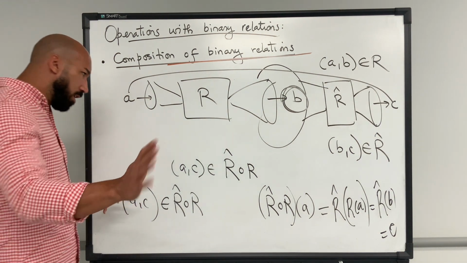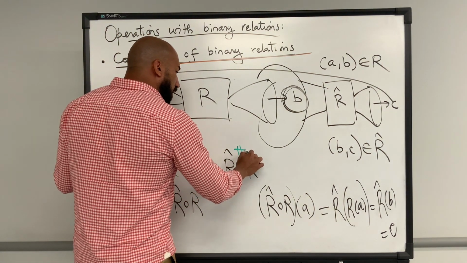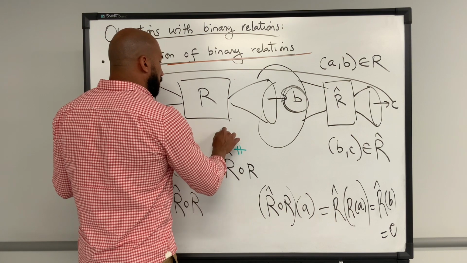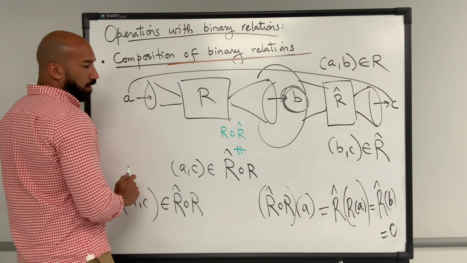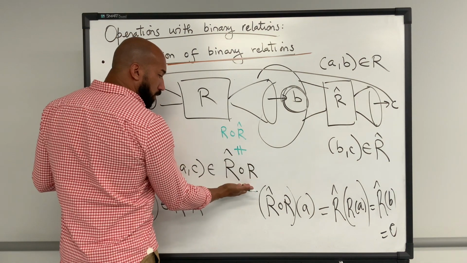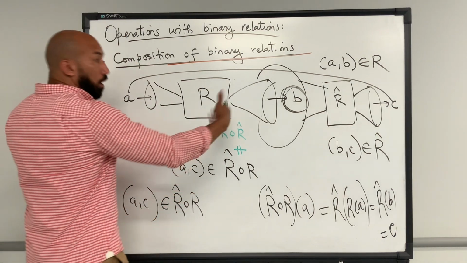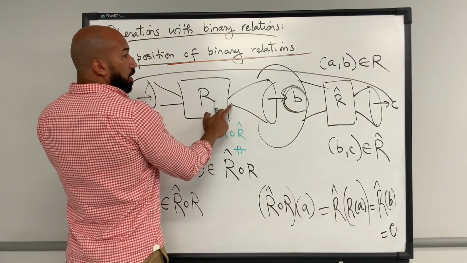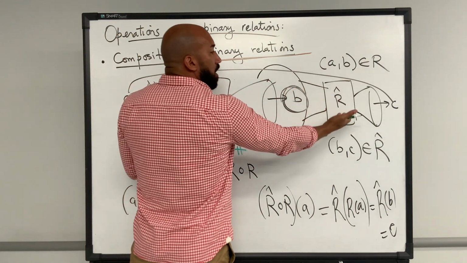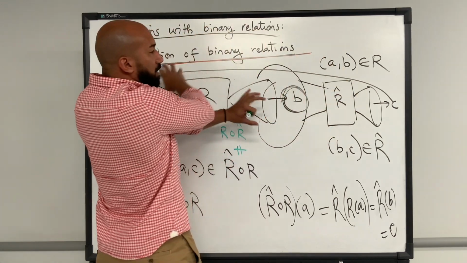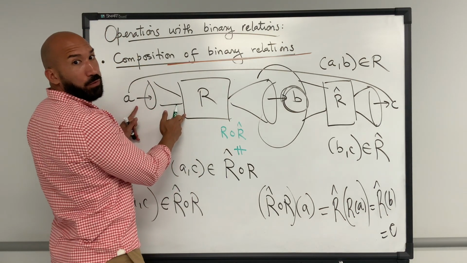And another important thing here, that is not only for functions, this is valid for any binary relation, is that this operation is not commutative, so this is not equal to R hat composite R. Indeed, this can be possible and this can be not. If you think of machines, the outputs of the first machine are valid inputs for the second machine, but if we invert the order of the machines, what this second machine produces is not a valid output for the first.